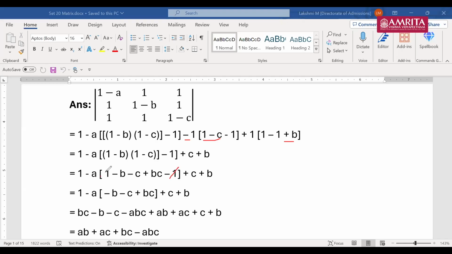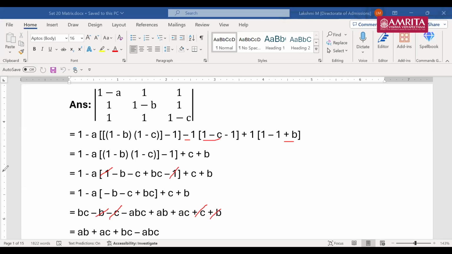So this one and this one are gone. This is 1 plus AB plus AC minus ABC plus C plus B. So already there is a minus term because it's 1, so it's minus B minus C plus BC. So all this is gone. So you'll have ABC minus ABC plus AB plus AC plus BC. So you can rearrange this as AB plus AC plus BC minus ABC.